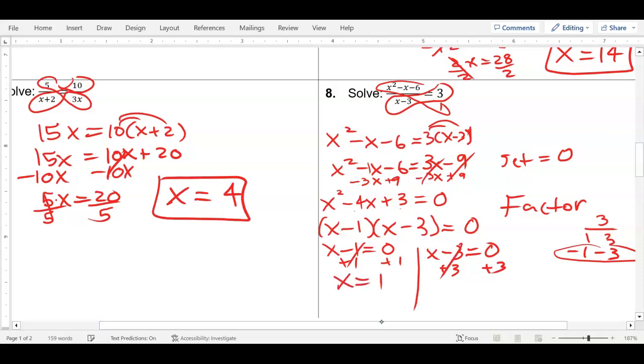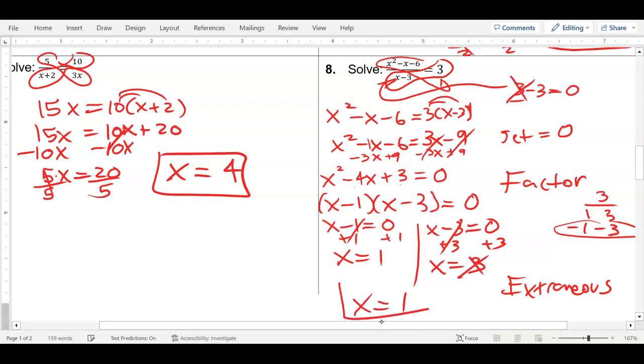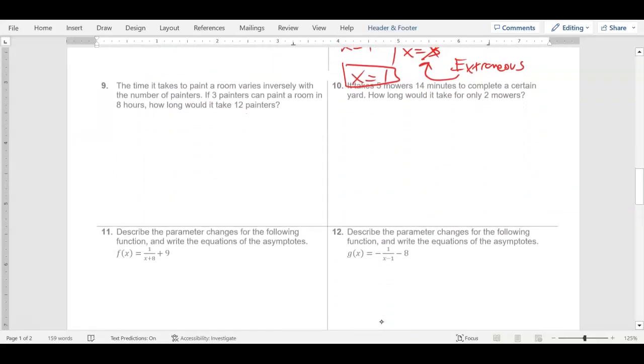So x equals 1, x equals 3, and then which ones are extraneous? The extraneous is if the denominator equals 0. So right here, if I plug in 3, 3 minus 3 equals 0. So I cannot have 3. So x equals 1 is my only answer. I can't plug 3 back into the original equation because 3 minus 3 is 0 on the bottom. You cannot have 0 in your denominator.